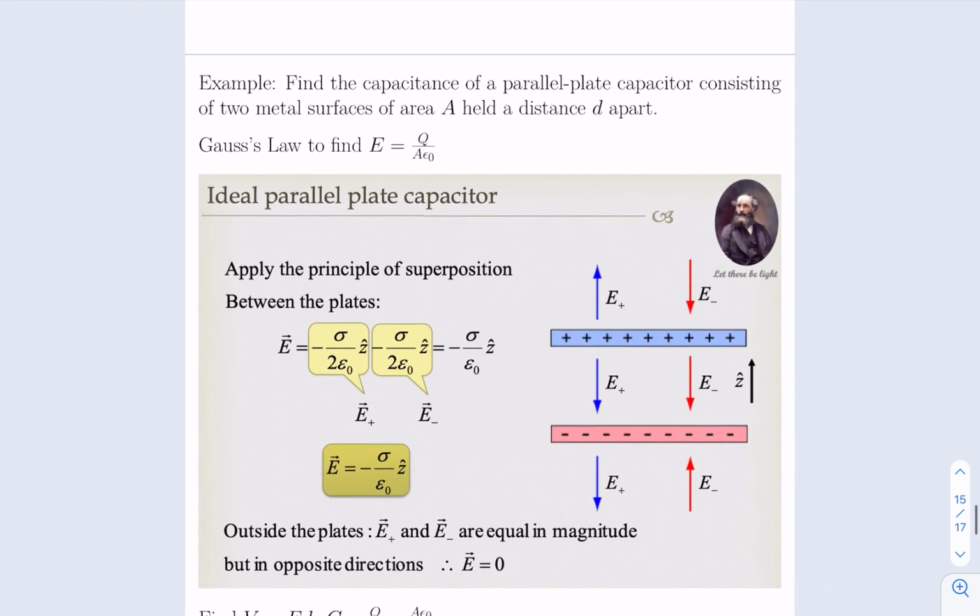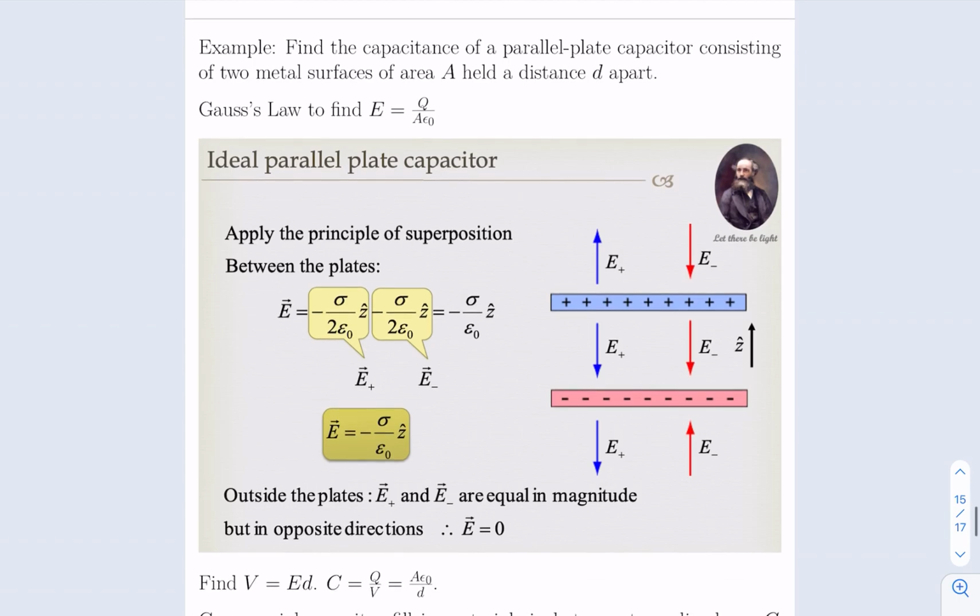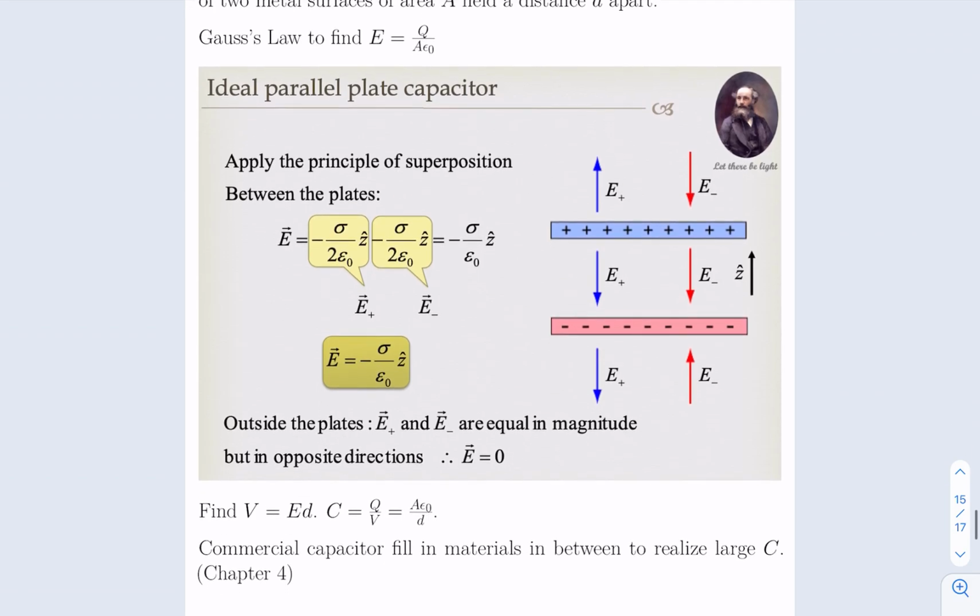Now, for example, you can calculate the capacity of an ideal parallel plate capacitor. We've already seen this problem in Physics 2041, so you can do the calculation by yourself. You simply find the E field, find the potential, and then if you divide Q by the potential, that simply gives you the capacity.